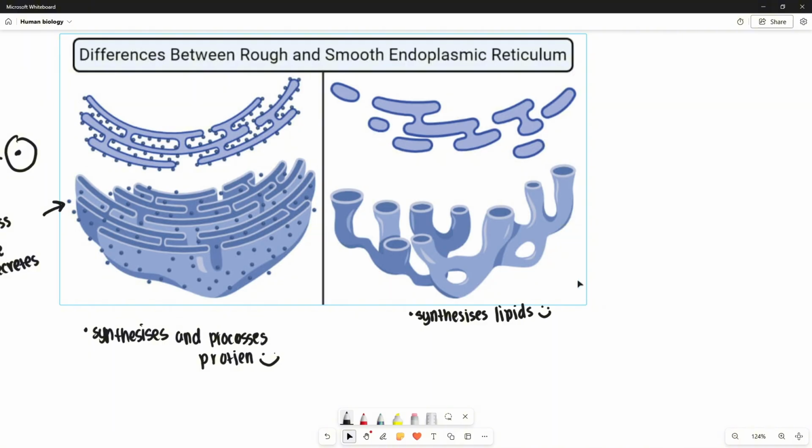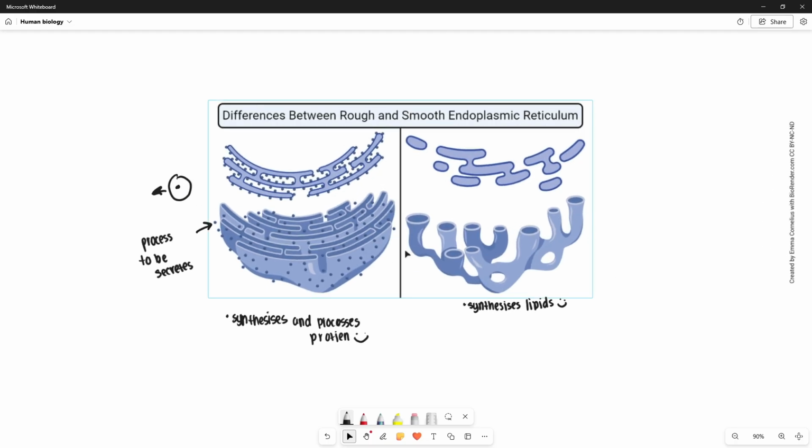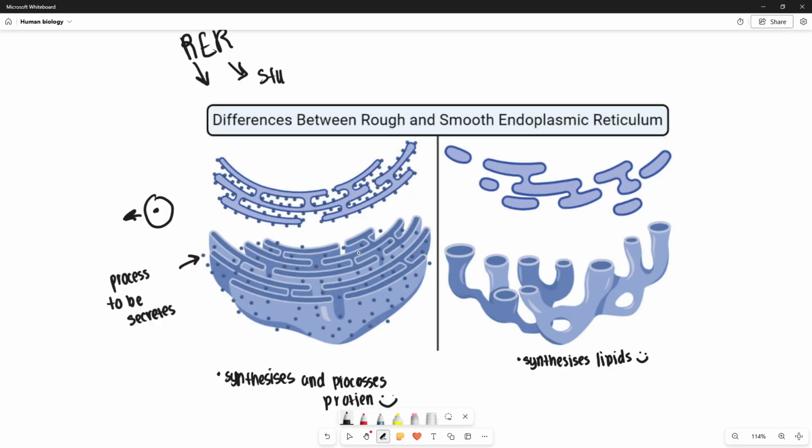I do implore you to do your research and not just watch my videos. So that's the main difference. When we're talking about rough, I like to remember the RER. Instead of rough, I say ribosome. So this is the RER, and you can remember it's studded with ribosomes.